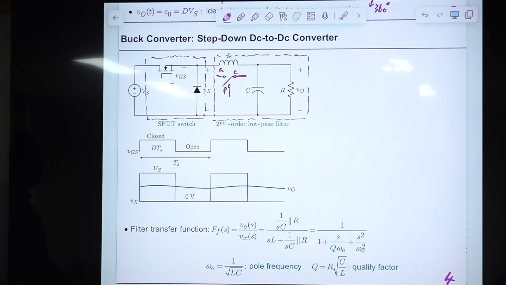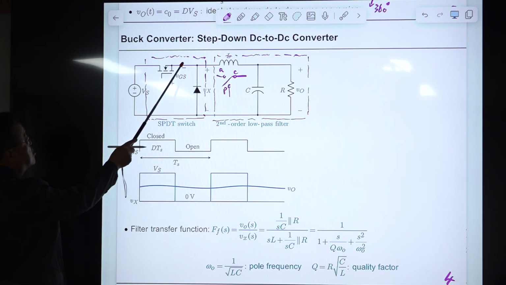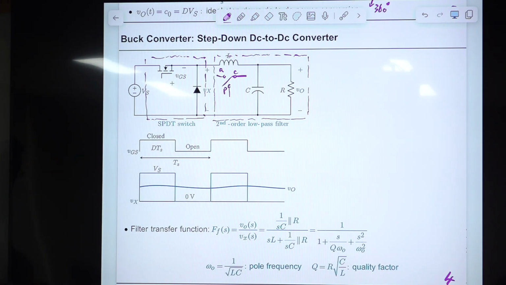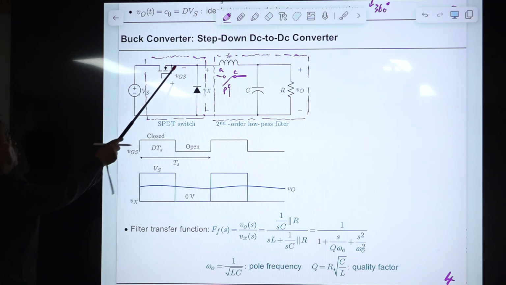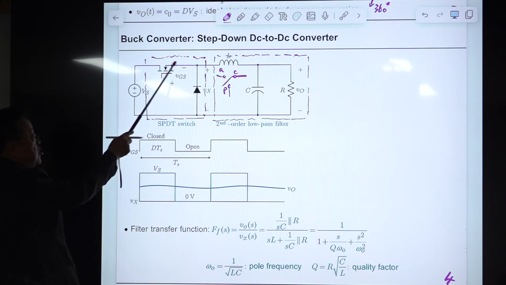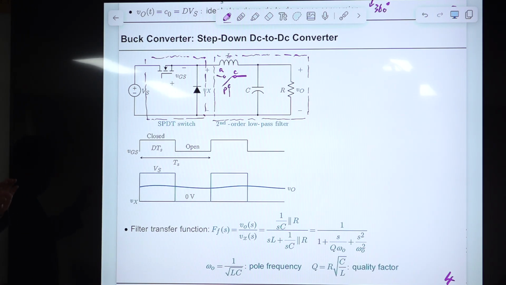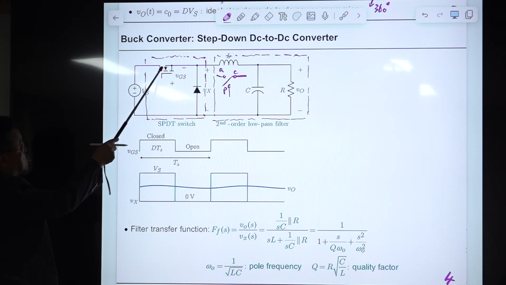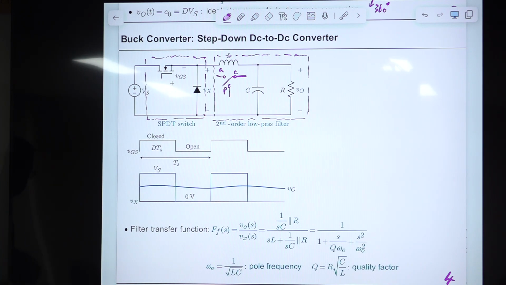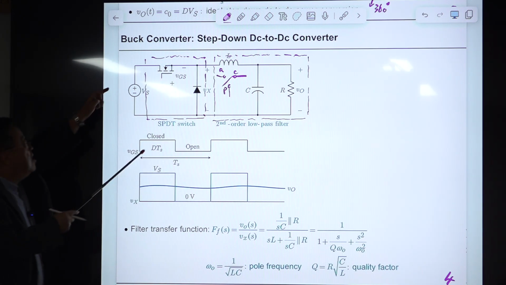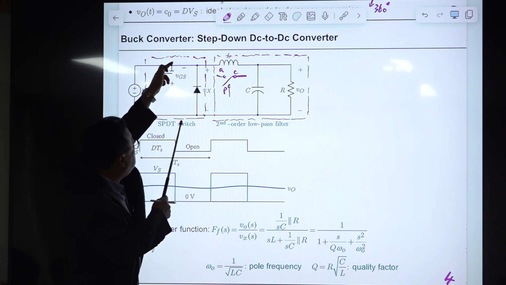Okay, so these are the waveforms of this. This is the gate source voltage. The MOSFET is a 3-terminal device. If the gate source voltage is sufficiently larger than the threshold voltage, the channel will be created between this and this. So this is shorted. Okay, practically this is shorted. Then this voltage will appear here.